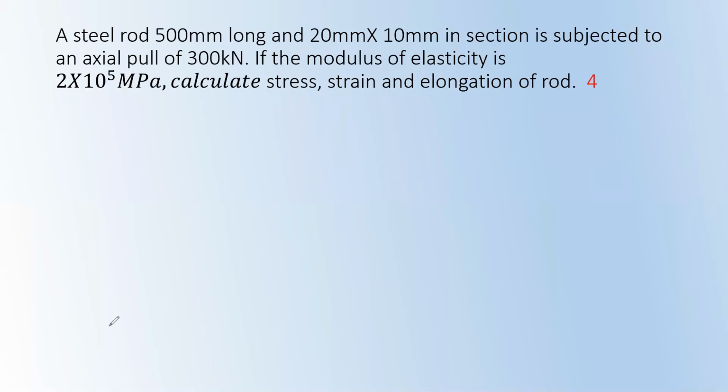A steel rod of 500 long, so L is equal to 500, and cross sectional area is 20 into 10, so it is 200 mm square. Pull is equal to 300 kilonewton, or you can say 300 into 10 raised to 3 Newton.